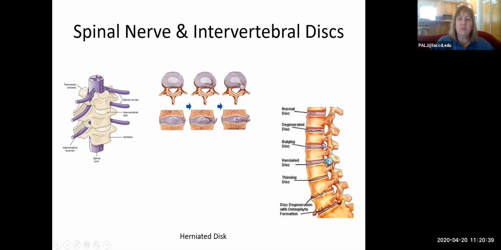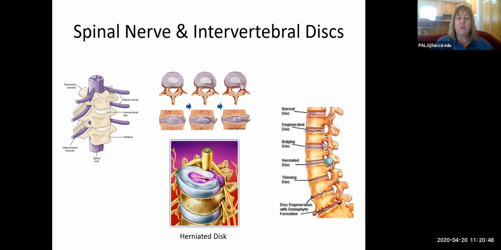And they are going to be impinging on the intervertebral foramen where the spinal nerve is, as you clearly can see in this picture where you see the nucleus pulposus exiting through the ruptured disc.